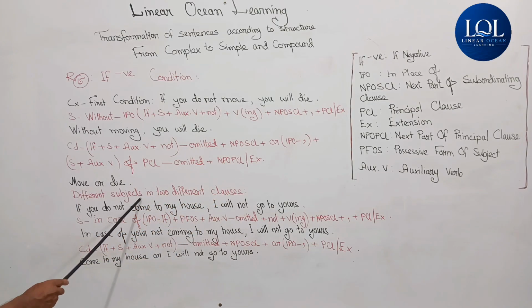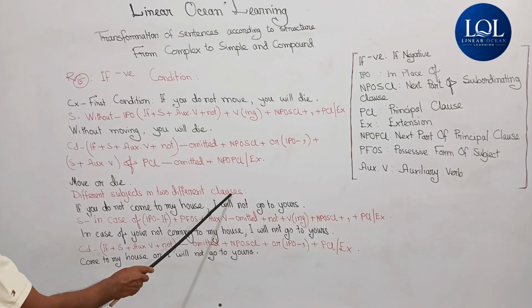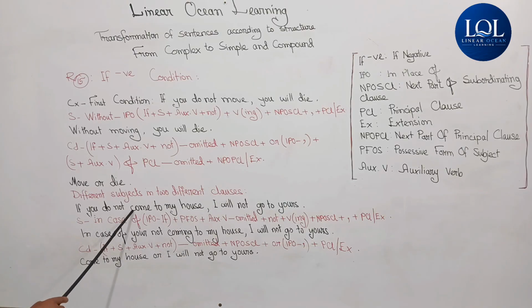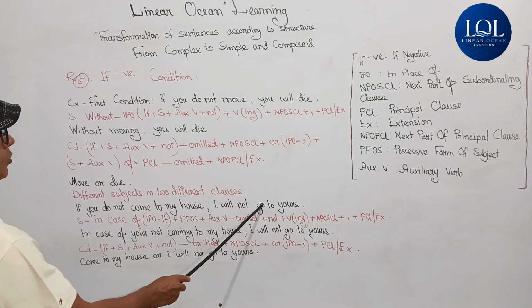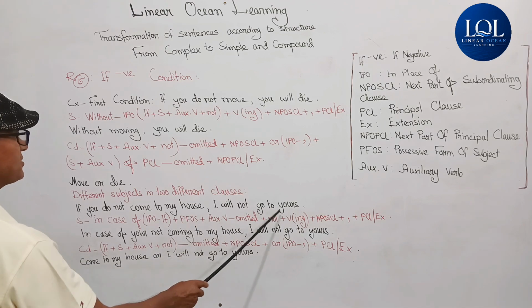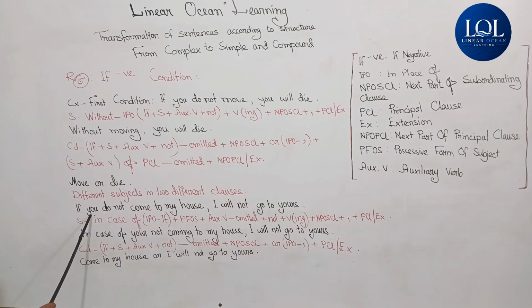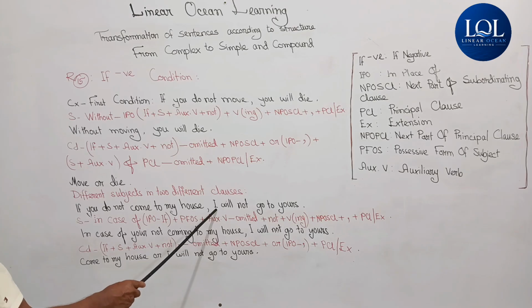Different subjects in two different clauses. If you do not come to my house, this is the subordinating clause. I will not go to yours, this one is the principal clause. Here in the subordinating clause, subject is you, and in the principal clause, subject is I. In this case, we have to follow this structure.